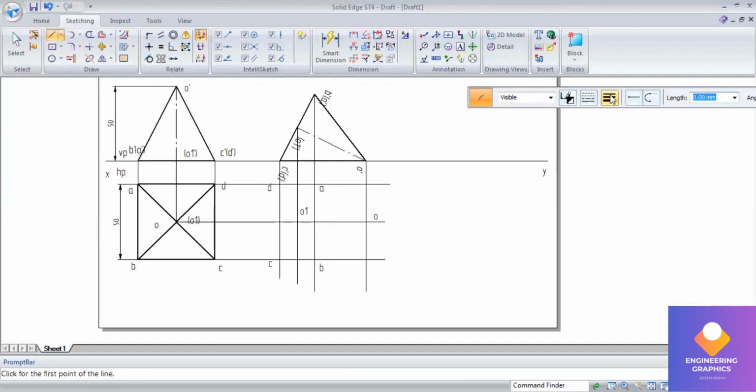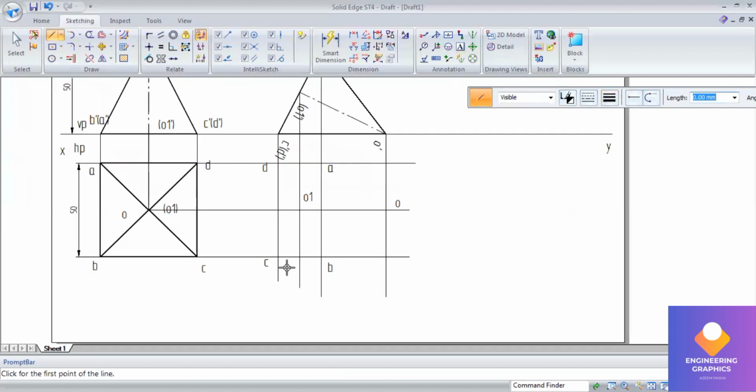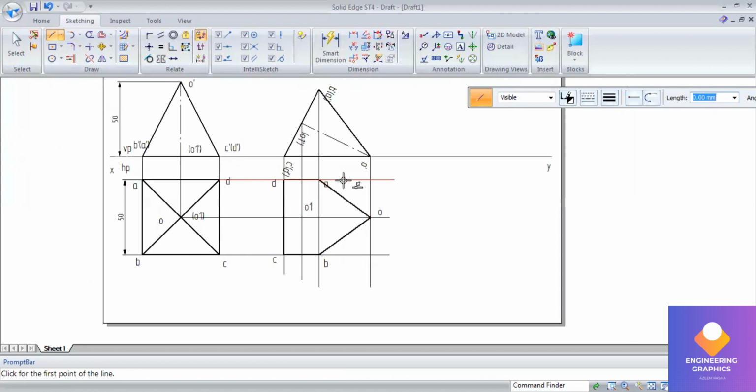Okay, now we construct the outer boundary line. That's the first step. Now the square face is visible from the top view.